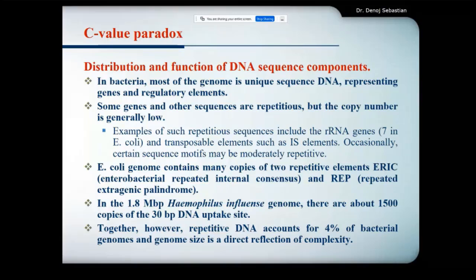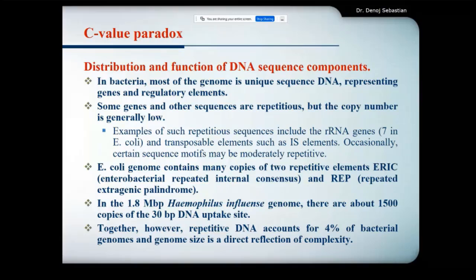The E. coli genome contains many copies of two repetitive elements: ERIC, which means enterobacterial repetitive intergenic consensus, and REP, the repetitive extragenic palindrome. So we can't say that repetitive DNA is not present in prokaryotes.